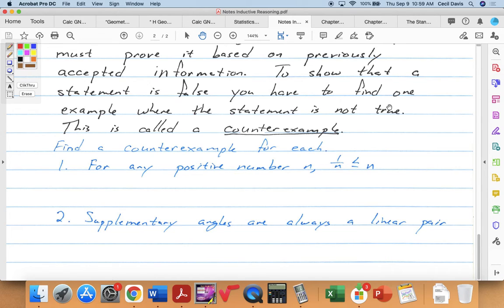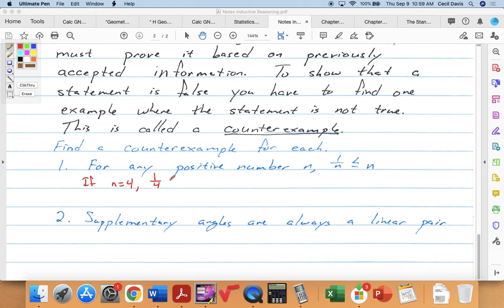Anyway, so let's find a counterexample for each of the following. Number 1, for any positive number n, 1 over n is less than n. All right, so pick a positive number. 4, okay. So if n equals 4, is 1 over 4 less than or equal to 4?